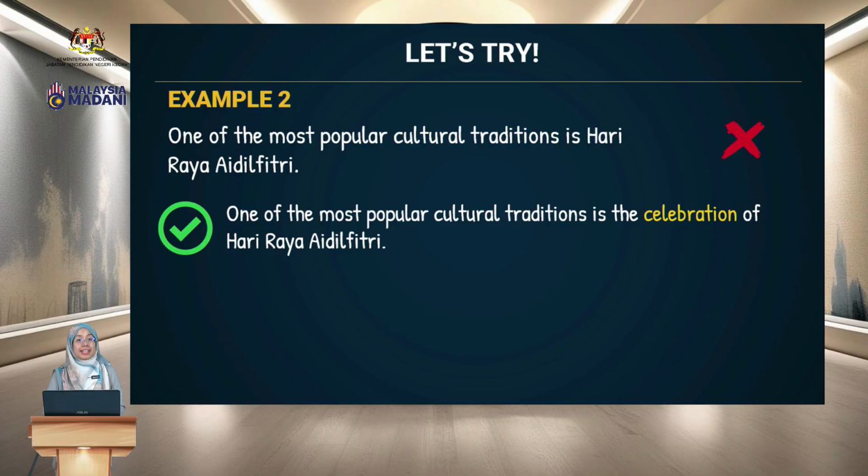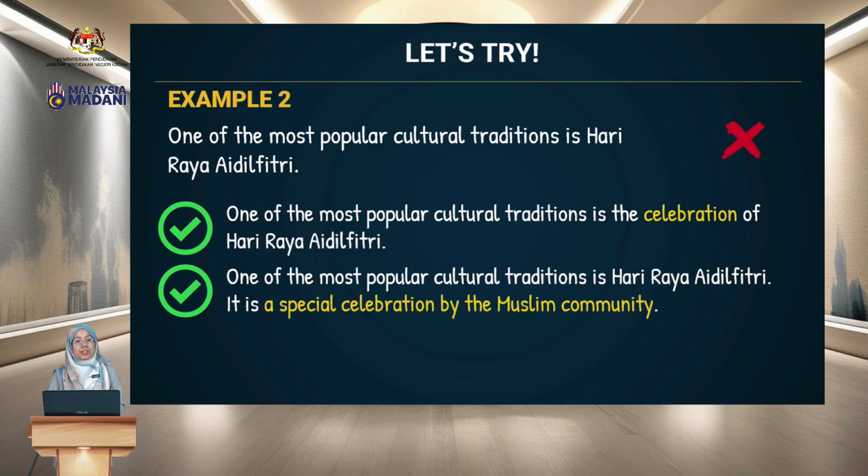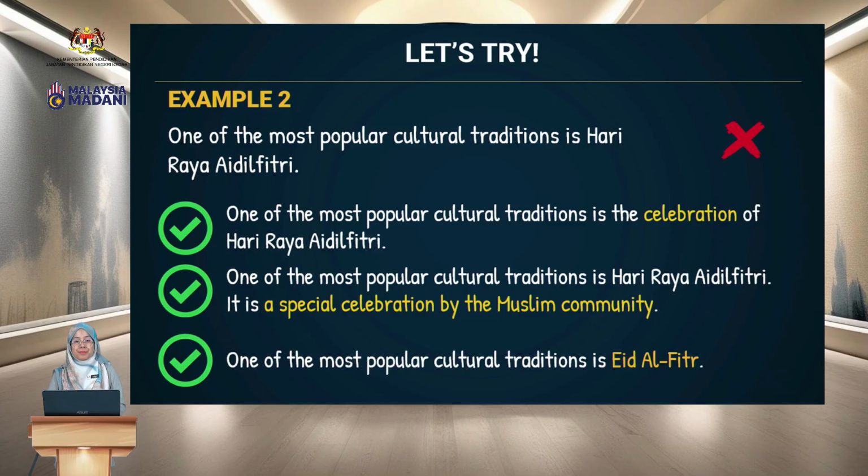Now we know that Hari Raya Aidilfitri is a celebration. Or one of the most popular cultural traditions is Hari Raya Aidilfitri. It is a special celebration by the Muslim community. Or one of the most popular cultural traditions is Eid al-Fitr. Why is it accepted? Because this is a word accepted in English and commonly used in English.